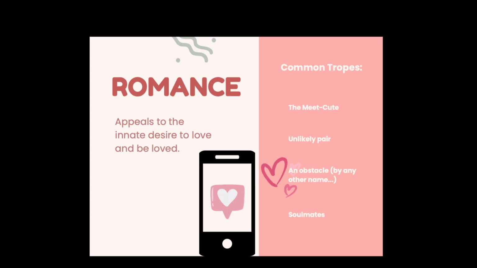Another trope that happens within a romance narrative, soulmates. I knew I was supposed to be with you. You knew you were supposed to be with me. Red string of fate around our fingers. Those sorts of circumstances. And these tend to appeal to audiences, actually, not just especially those who are in love.